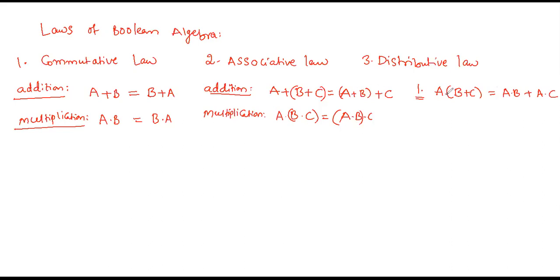When you are multiplying A with B plus C, that is equal to A into B plus A into C. The distributive law 2nd. A with B and A with C is the multiplication. Now you can take the A common. That is A into B plus C. This is distributive law 2.